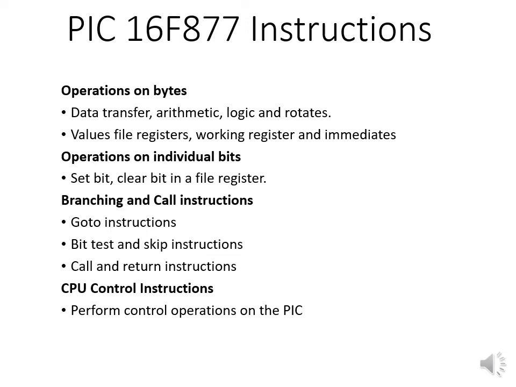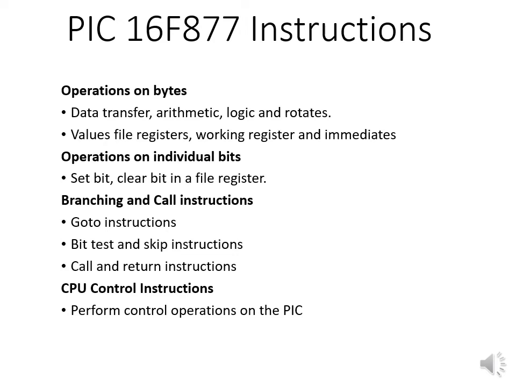The results of the operations can be either stored in the working register or in a file register as is relevant to the instruction. Then we have a group of instructions that perform operations on individual bits. The kinds of operations that can be carried out on individual bits are setting a bit and clearing a bit in a file register. The result is stored back in the file register in question.